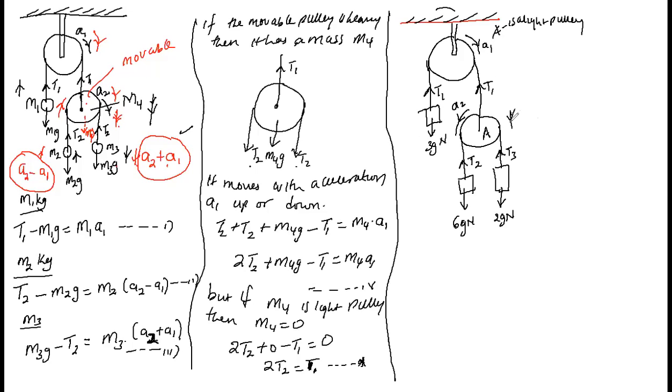But the system here is going down. Here the system is going what? Up. Then the 6 here is going where? Down. Then this one is rising what? Up.